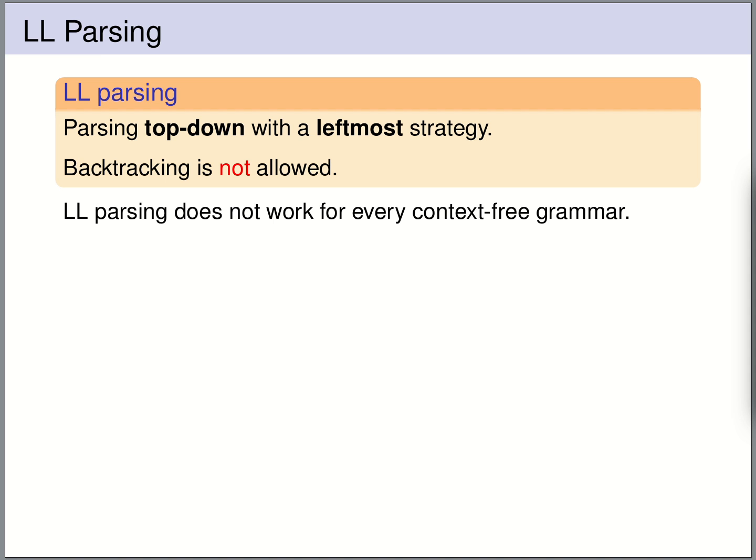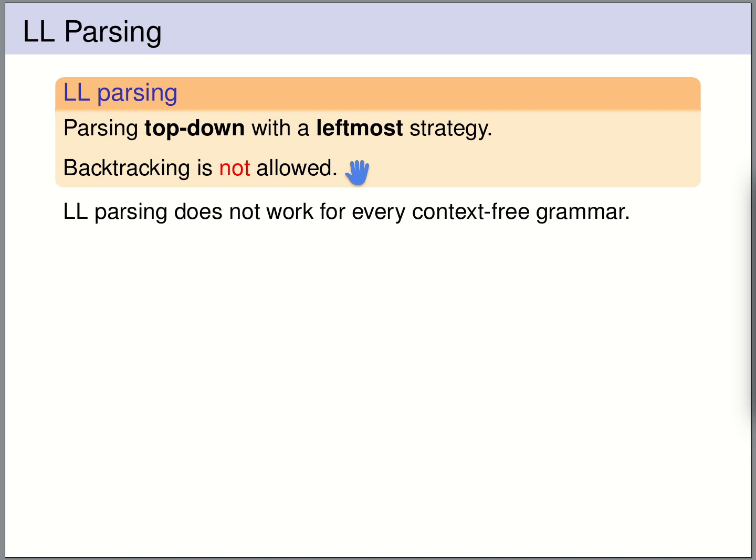LL parsing is a top-down parsing technique with a leftmost strategy, just like on the last slide, but now backtracking is strictly forbidden. So LL parsing does not apply backtracking. That means that whenever we unfold a variable, there has to be a unique choice for which rule to apply.